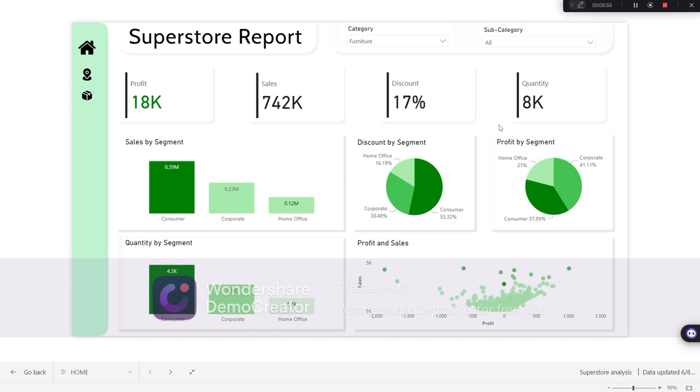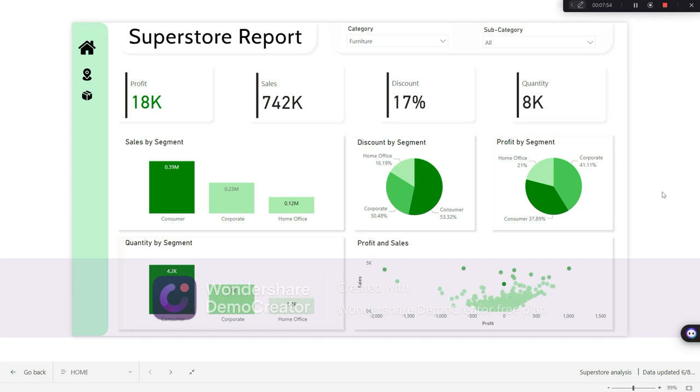Our profit from the corporate segment is about 41.11%. The next profit-gaining segment is consumer, about 37%, and the one with the least profit is home office. In the quantity by segment chart, consumer has more purchased quantity as compared to corporate and home office: about 4.2k, while corporate has 2.5k and home office 1.4k.